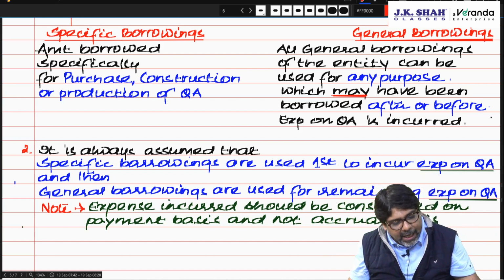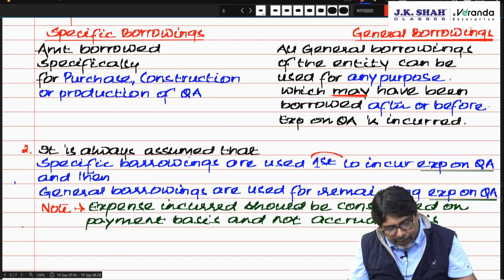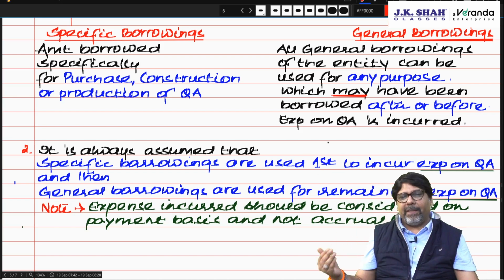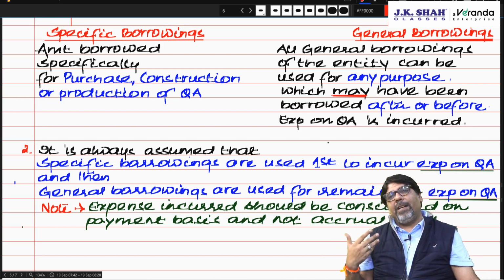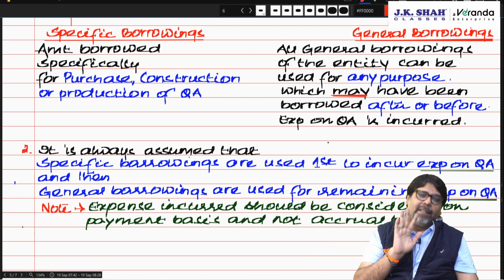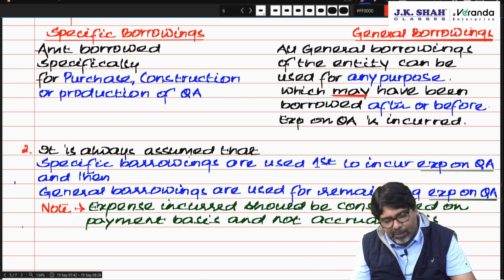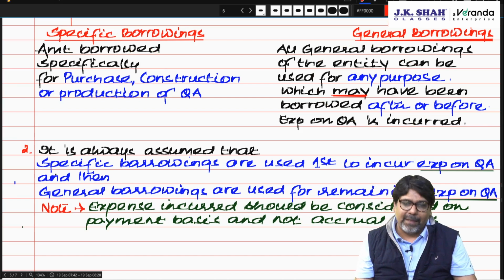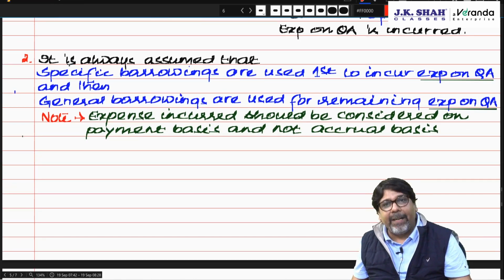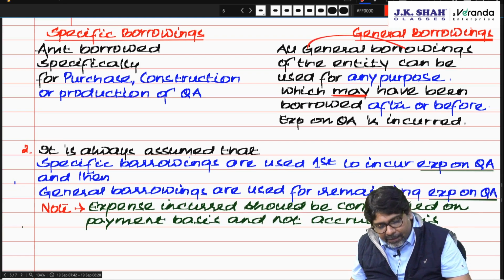Understood? It is always assumed that specific borrowings are used first. So we have both, specific borrowings and general borrowings. When we are calculating borrowing cost, first we will capitalize specific borrowings and then we'll use general borrowings. That is common sense, and that you studied in inter also. This point is valid in inter also.